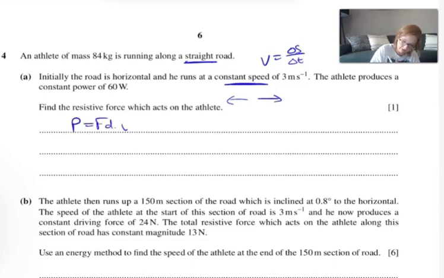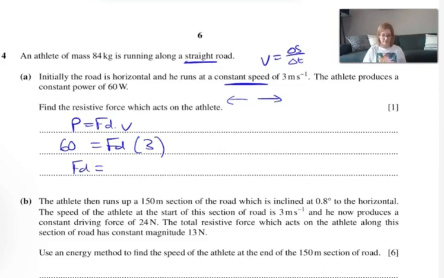They've given us 60 watts, so we can work out the driving force if he's running at a speed of 3 meters per second. 60 divided by 3, and that is a driving force of 20 newtons going forward. And if he's going at a constant speed, it obviously means frictional force is 20 newtons going backwards.